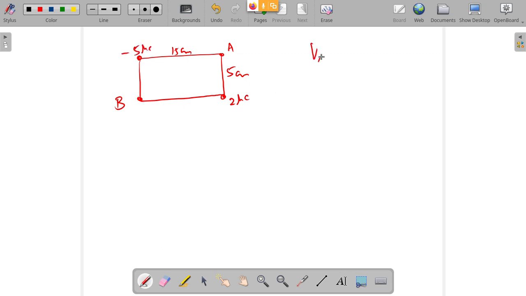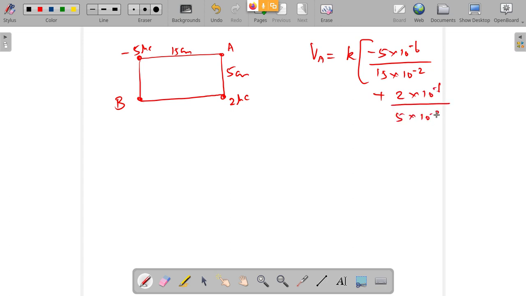First, if you do VA, VA is K into Q, minus 5 into 10 power minus 6 divided by the distance. Distance is 15, so 15 into 10 power minus 2. And then this one is plus 2 into 10 power minus 6 divided by distance 5, so 5 into 10 power minus 2.